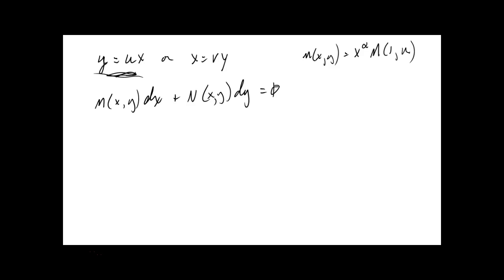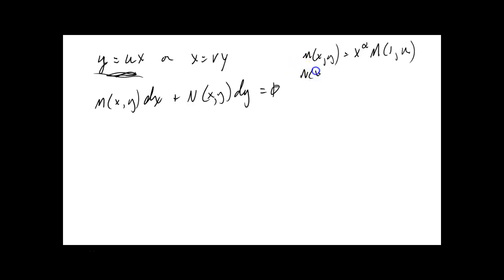You multiply that by x to the fourth, you get u squared x to the 6. So x to the 6 comes out, and now you just have a function M of 1 and u, because you factored out the x's, and now you have your u in there.